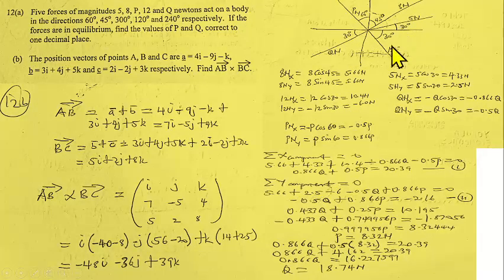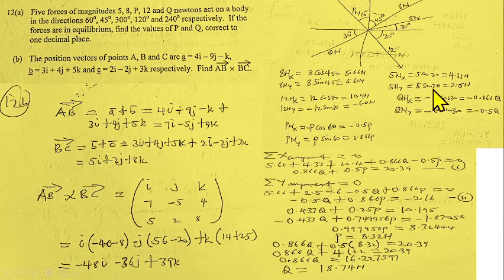Then we can now resolve all these vectors based on their components. We have the x component and the y component. So let's resolve the force 8 Newton based on the x-axis and y-axis components. For the force 8 Newton, along the x component, we have 8 cos 45 degrees, and that will give us 5.66 Newton.